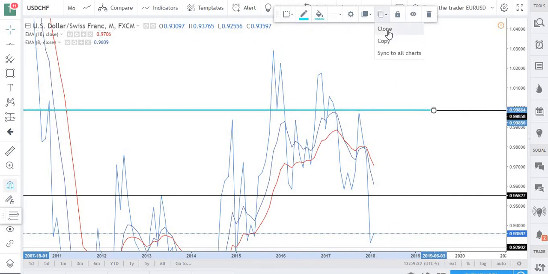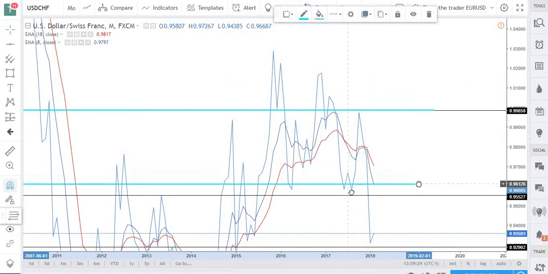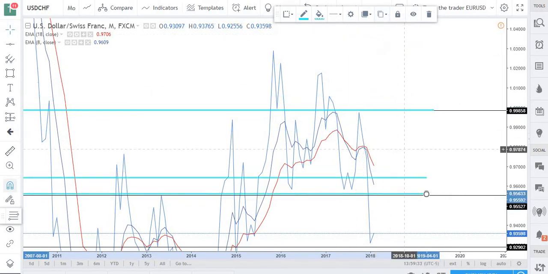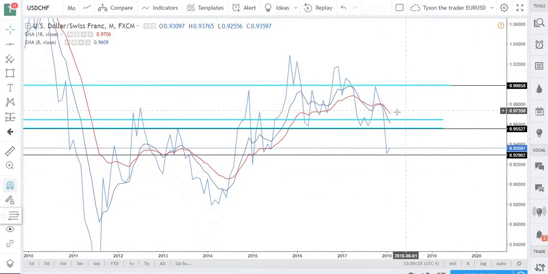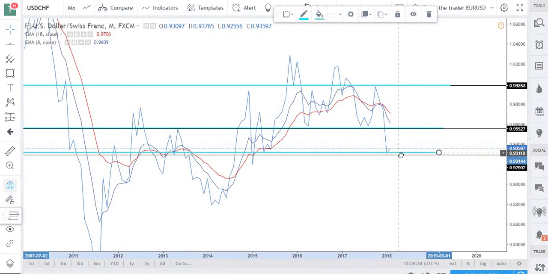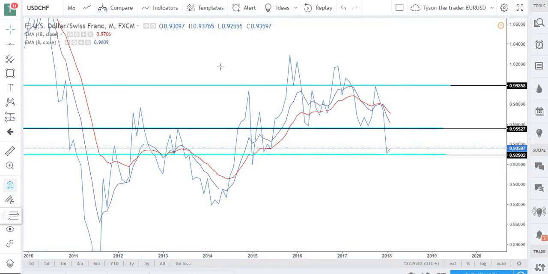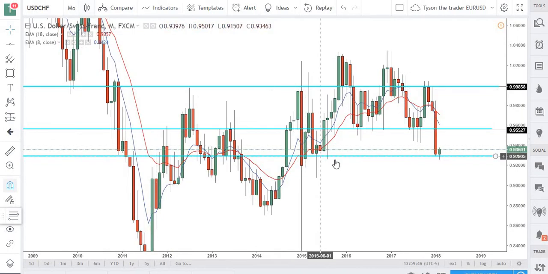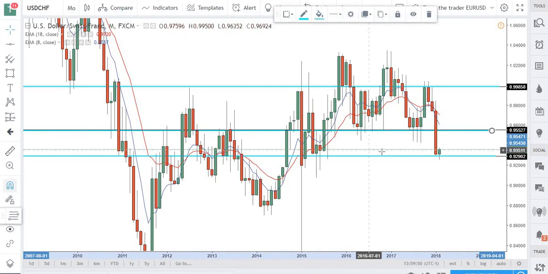And to make sure that they are the same, you can just clone and put it right there. Clone once again. And put it right there. Exactly there. Now, let's go back to our candlestick chart to see if it lines up. I think it lines up pretty perfectly.